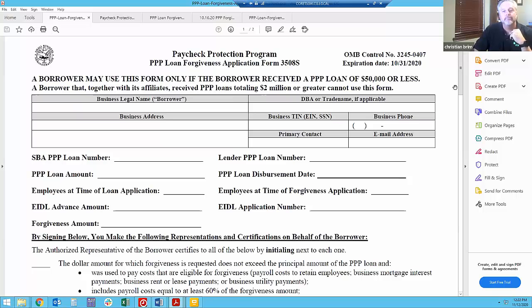I'm thinking the EIDL. Yep. So 6 months. I'd get it in so that they can be working on it before you have to make a payment. And I believe, check with your bank, but if you have this application in, I don't think they're going to request payment until they have a decision on the forgiveness.